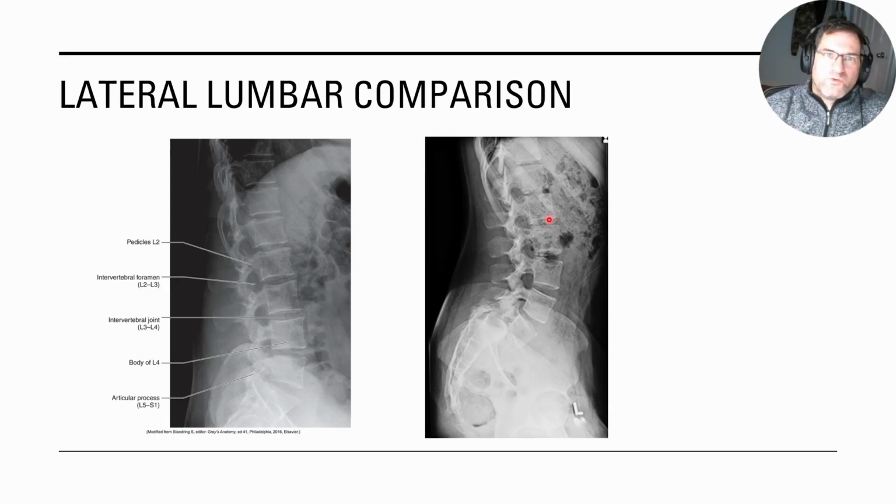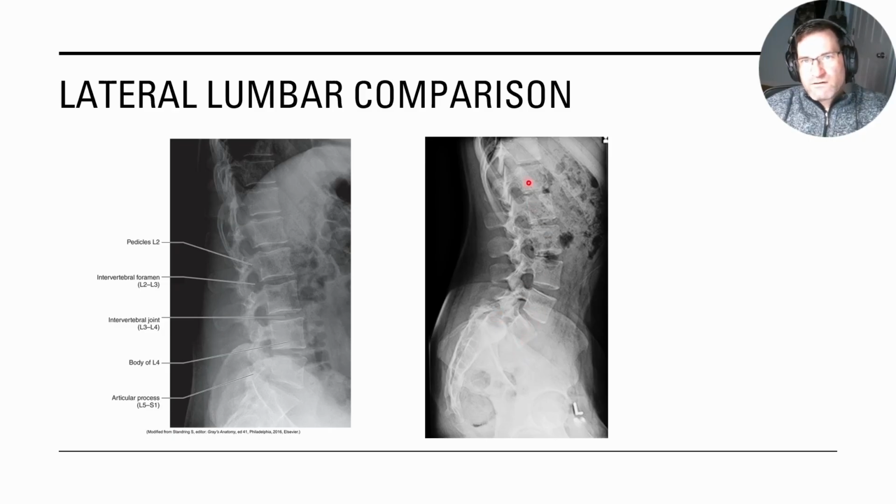And like I said before, we have this whole beautiful lumbar on the left. You can see our pedicles, our intervertebral foramina, everything here, even our articular process of the L5 and S1. Here, you're not going to see that with the pathology.